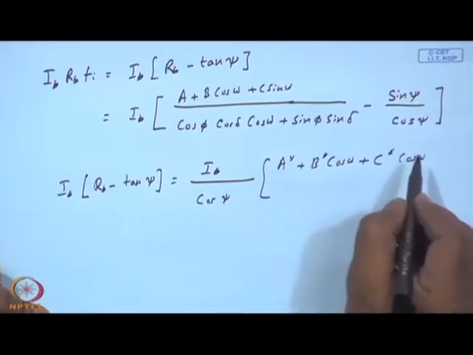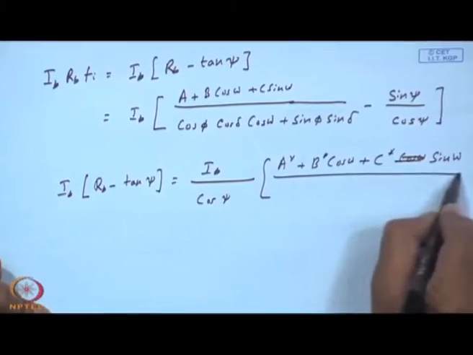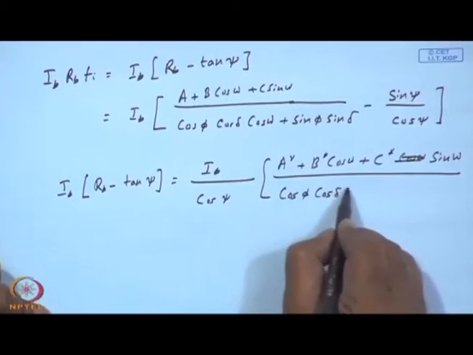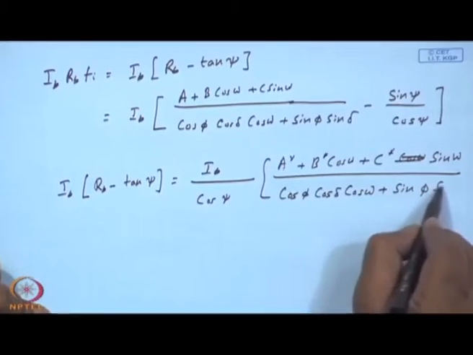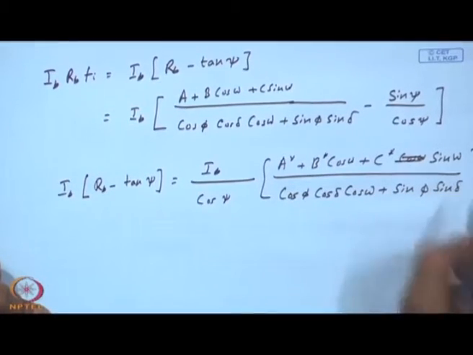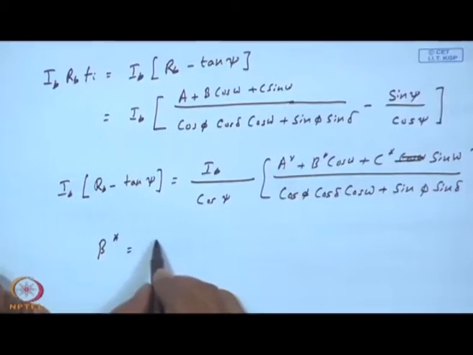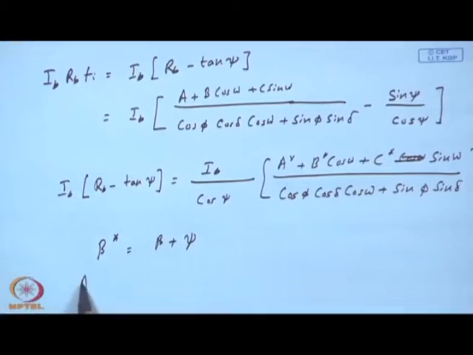I am rewriting sin omega upon your cos phi cos delta cos omega plus sin phi sin delta. So, beta star is beta plus psi, and A star is same as your ABC, except that beta is equal to beta star.